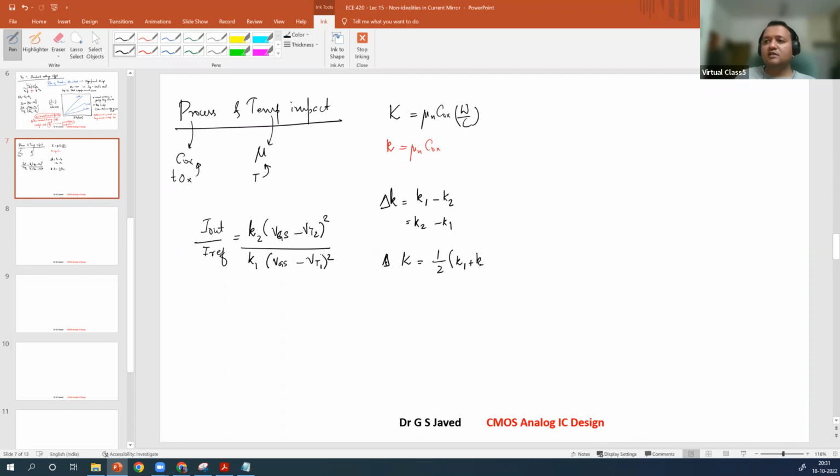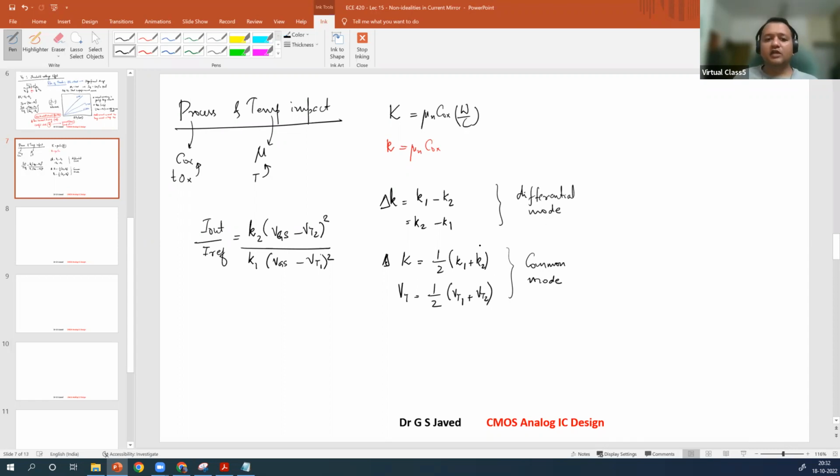half of K1 plus K2. And then VT will be given as half of VT1 plus VT2. This is called picking out the common mode between the two. Here you are picking the differential mode.